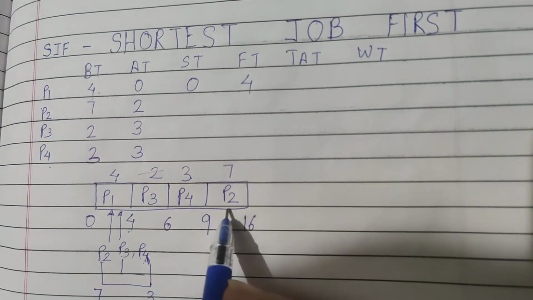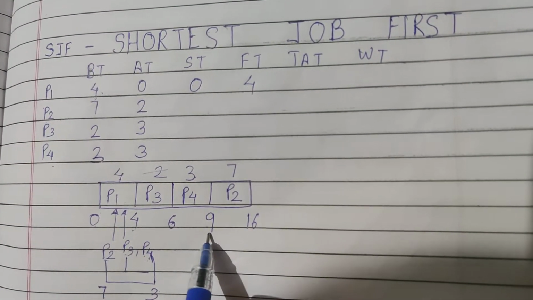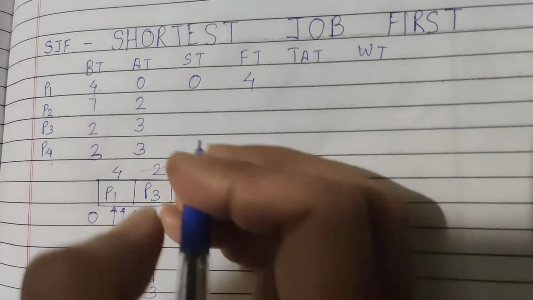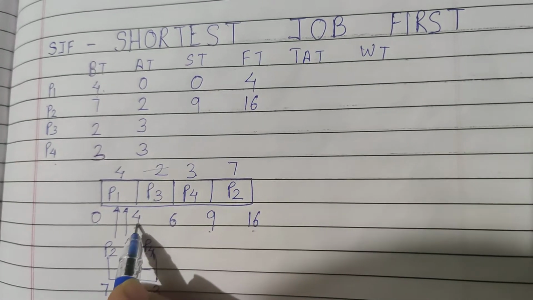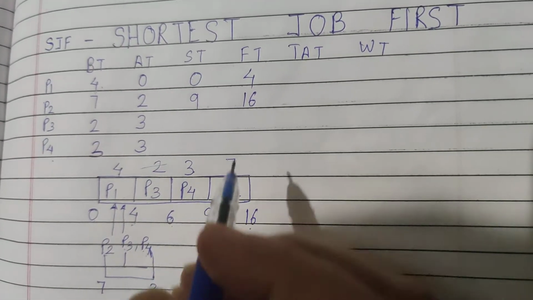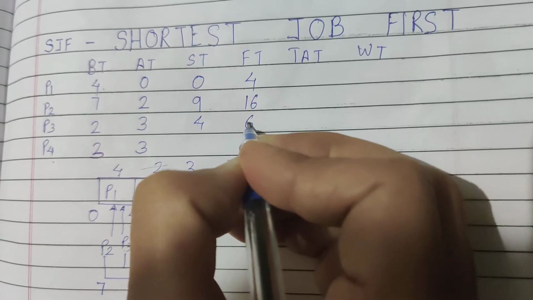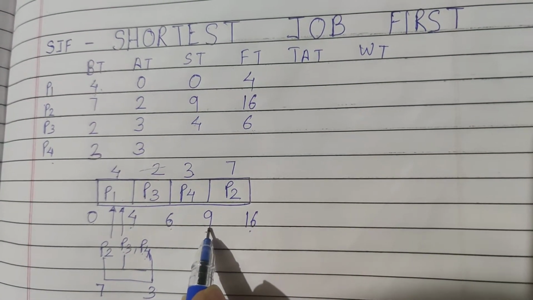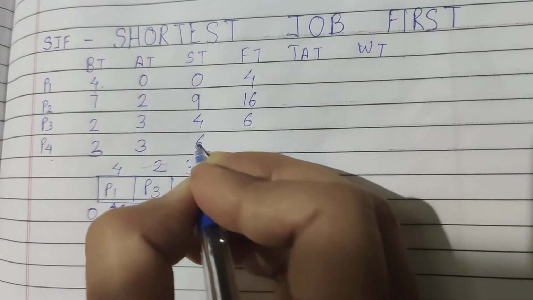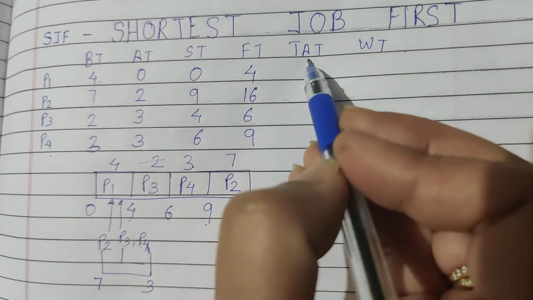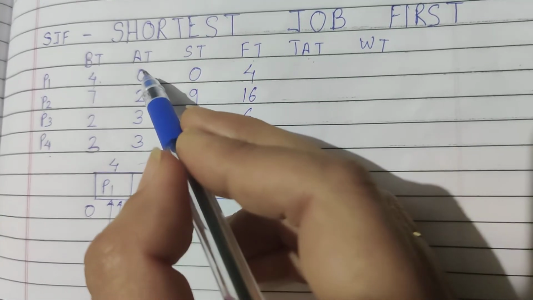Similarly for P2 the start time is 9 and finish time is 16. For P3 start time is 4, finish time is 6. Similarly for P4 the start time is 6, finish time is 9. Then we calculate turnaround time, that is finish time minus arrival time.